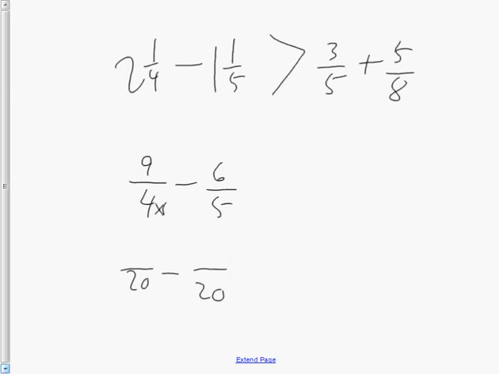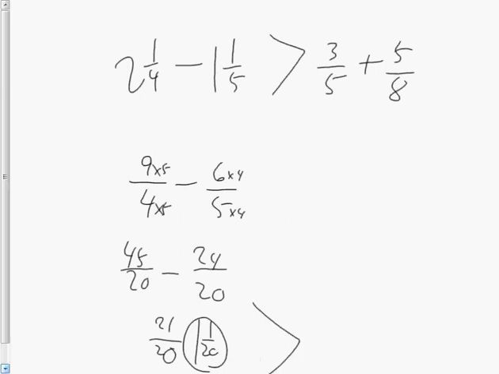Create your equivalent fractions. And subtract your numerators. So 45 take away 24 is 21. So 21 over 20 is... oh, sorry, it's actually 1 and 1/20. So the answer to 2 1/4 take away 1 1/5 is 1 1/20.